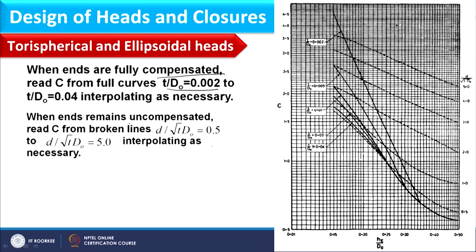Now, when the opening remains uncompensated, read C from the broken line, that is D by root over T into D naught equal to 0.5 to 5. It is varying, as you can see from these broken lines. So, what is this compensation and uncompensation? That we will cover in lectures 4 and 5 of this week.